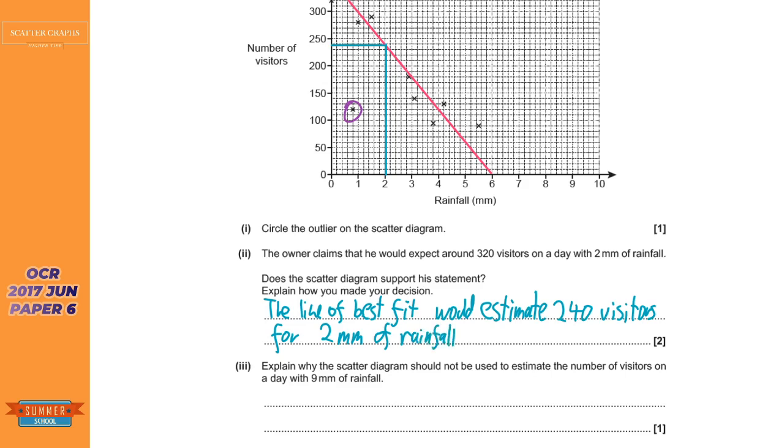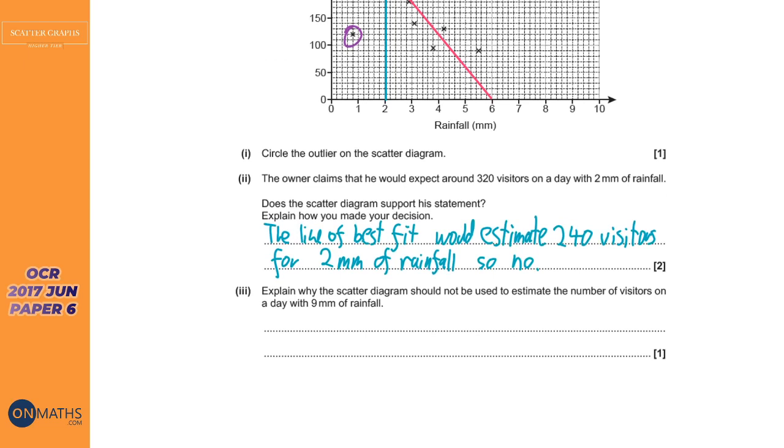Now be careful, because you need to make sure you have a conclusion as well. Try and make sure you write the word yes or no to a question like this. So I've written the explanation, so that's definitely going to be worth a mark, but you need to have a conclusion on it. And the conclusion for this one has to be no.